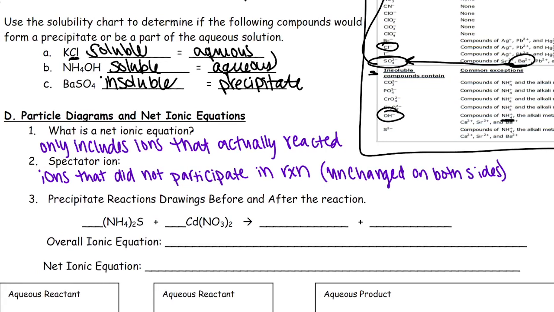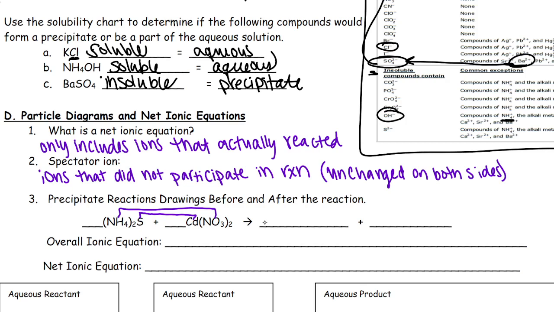So, for example, if I have the reaction between ammonium sulfide and cadmium nitrate, remember that in a double replacement reaction, the two compounds are going to switch partners. So I have NH4 that's going to partner with NO3, and I have Cd that's going to partner with S. And when you rewrite your new compounds, you have to re-crisscross their oxidation numbers, and your cation should always go first.